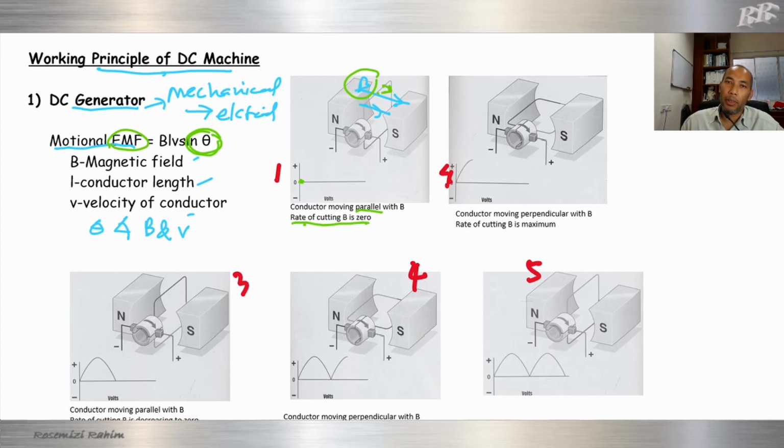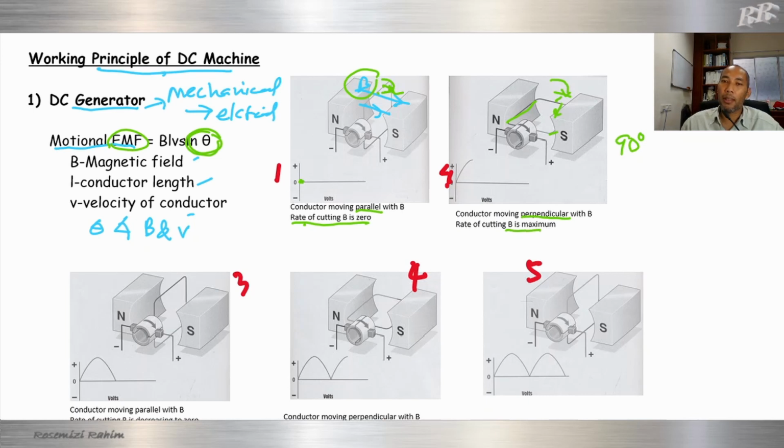Then when it rotates, the conductor moves here and here. We call that 90 degrees. The position of the conductor now is 90 degrees, perpendicular with B. For perpendicular, the rate of cutting B will be maximum.